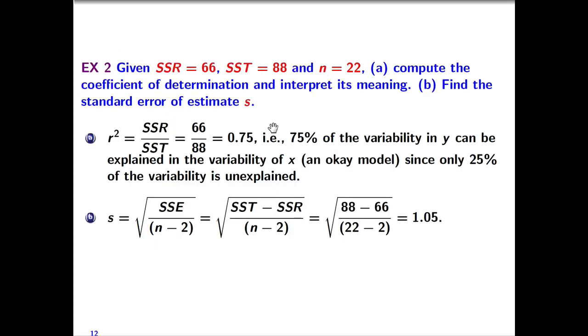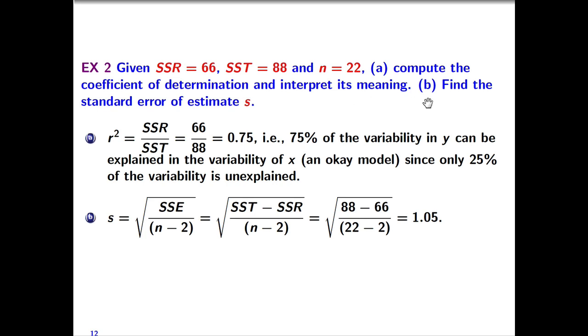Let's see an example. Example number 2, given SSR equals 66, SST equals 88, and n equals 22. A, we need to compute the coefficient of determination and interpret its meaning.